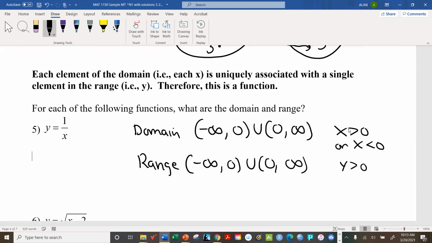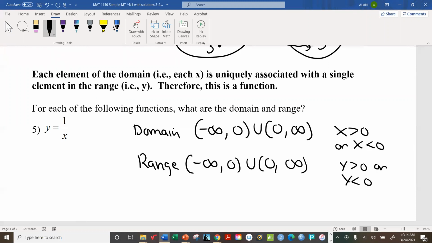Although in Symbolab, they're writing it as f of x instead of y, but that's okay. So either way, the whole point of all this is that the domain is everything except 0. And so is the range.